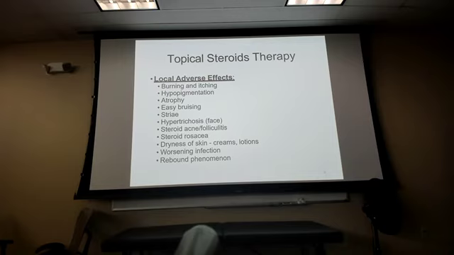Not only do they do good, but they can have some adverse effects. Okay. So it can cause some burning, itching, hypopigmentation. What does that mean? The skin is lighter than it has been because the steroid is just knocking that down. So that's hypopigmentation. They can have some of that atrophy, right? So that's the thinning of the skin that can happen. Easy bruising, striae, those streaks.